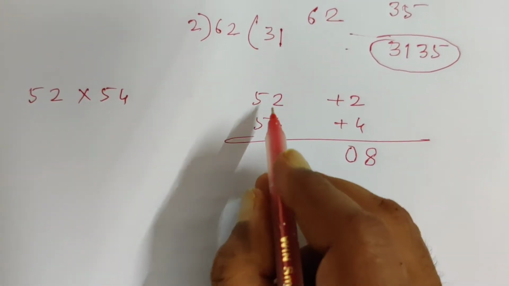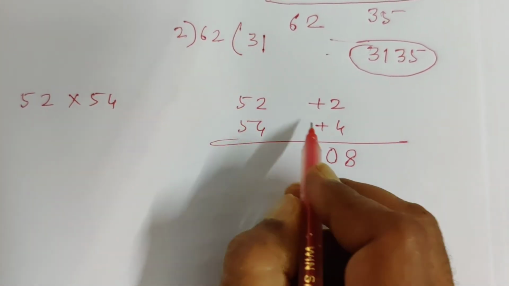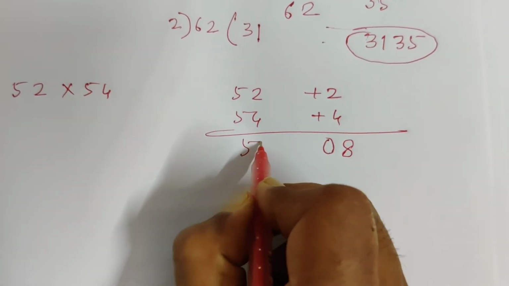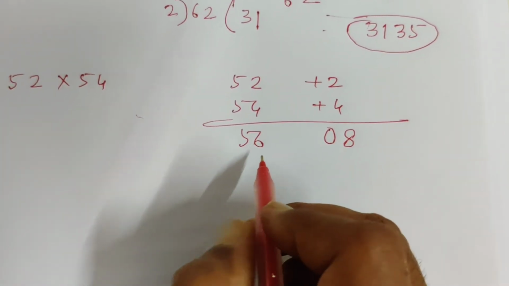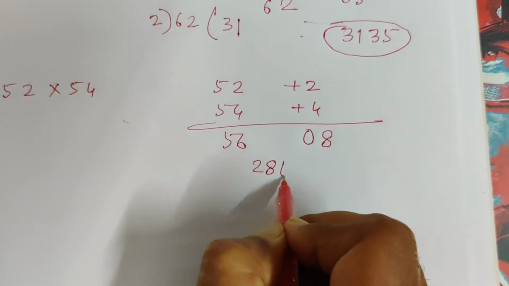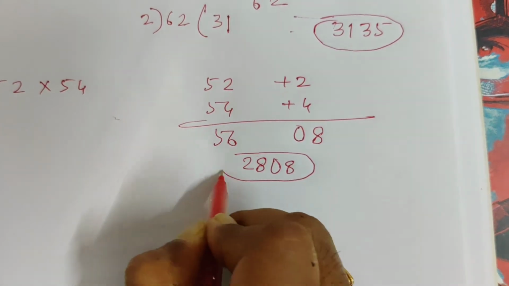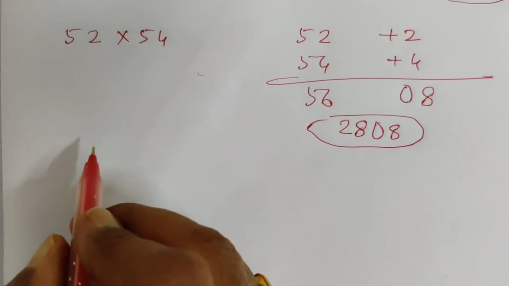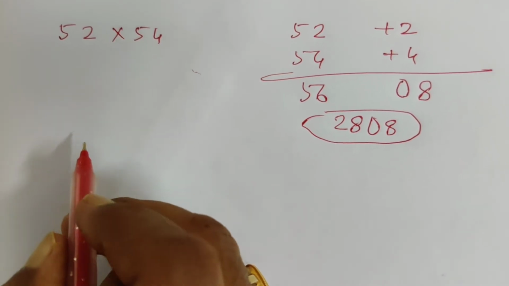Now cross addition, either you add 52 with 4 or you add 54 with 2, so it comes to 56. Now divide 56 by 2, it comes to 28. So 2808 is the answer. It is very simple, my dear friends, very simple. Just practice it and you will come to know.